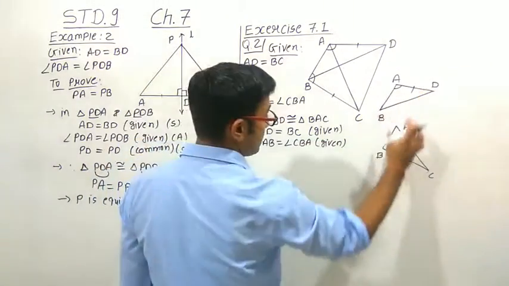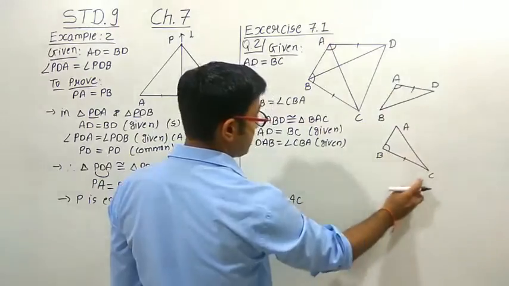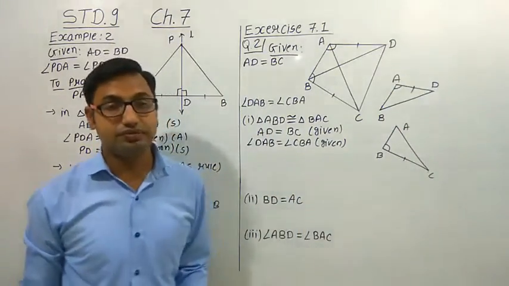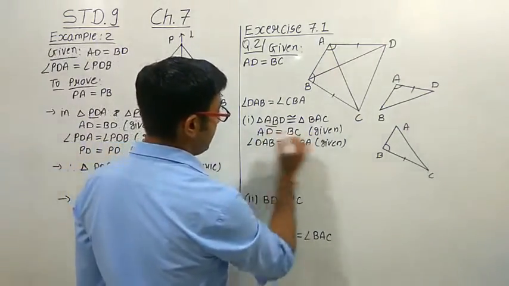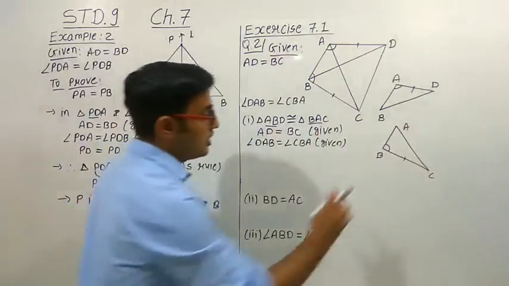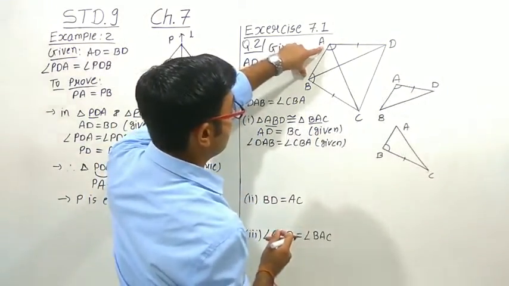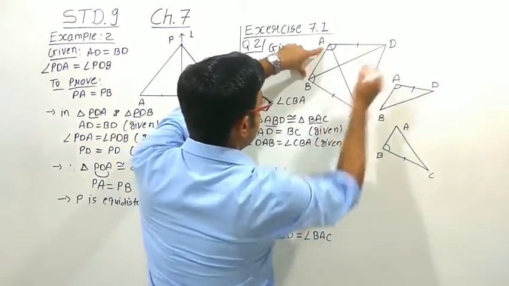See, this AD side and BC side are equal. Angle DAB and angle CBA are also equal. Now think about the third condition. What will be the third condition? In both the triangles, AB side, BA side, this side AB is common. In triangle ABD, AB side is there.